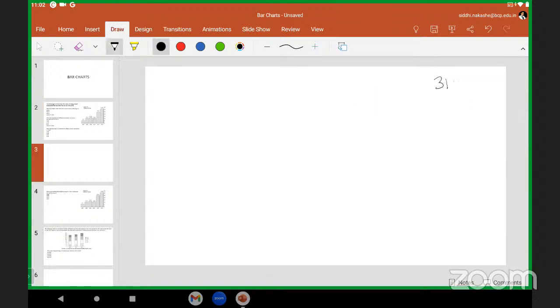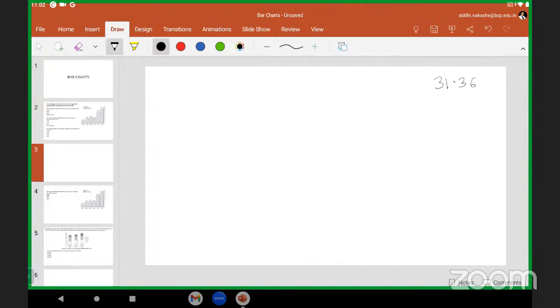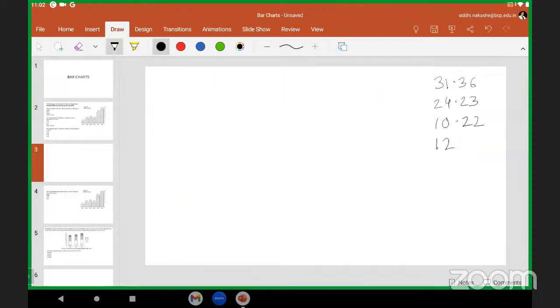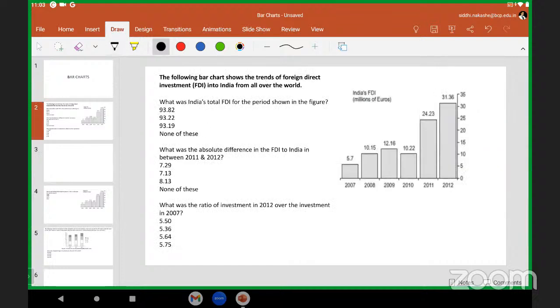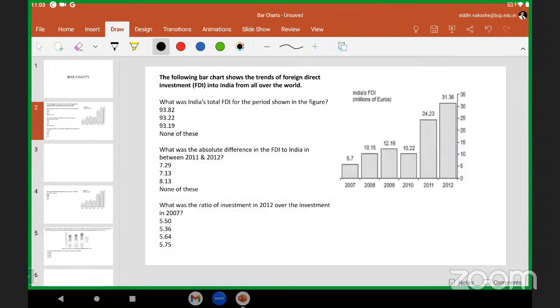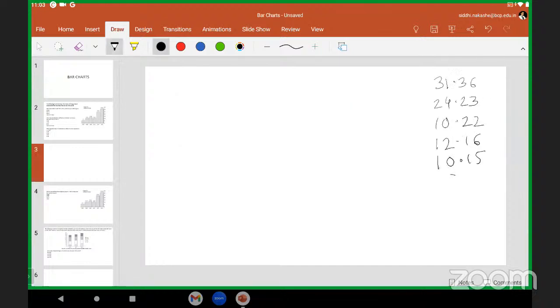That is 31.36, 24.23, 10.22, 12.16, 10.15 and 5.17, 10.15 and 5.7 and 5.70. So we'll calculate it.